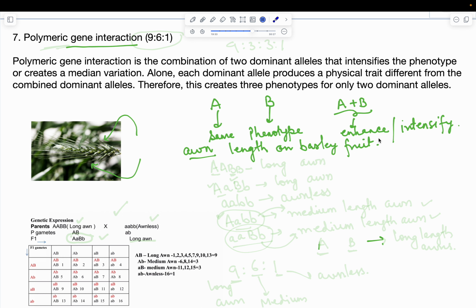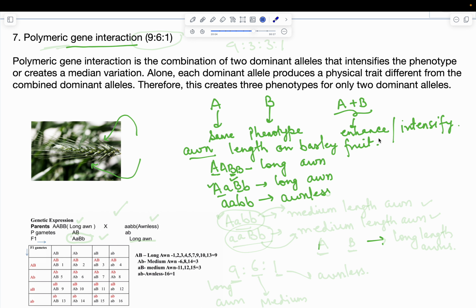So in this genotype AABB, they will produce long awn because A and B are together. Also, this genotype will be responsible to produce long awn. Again, dominant alleles are together. This genotype will produce a barley fruit without awn.